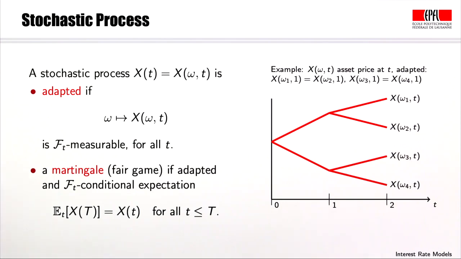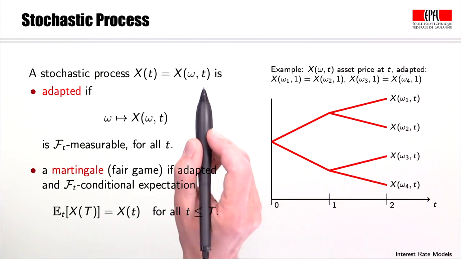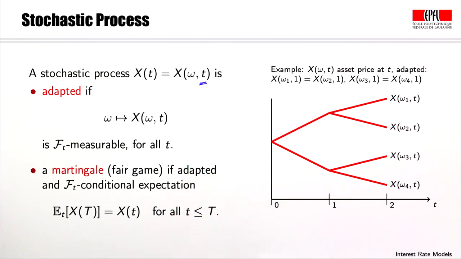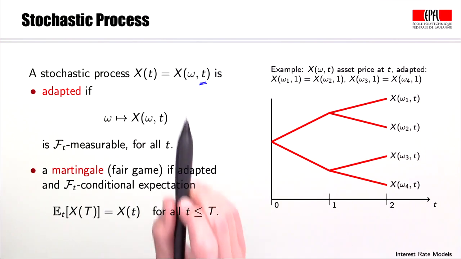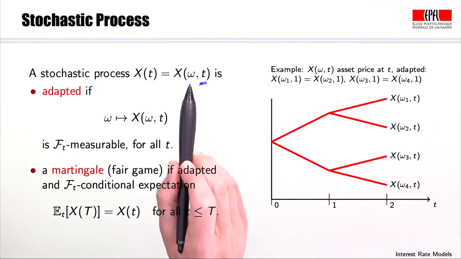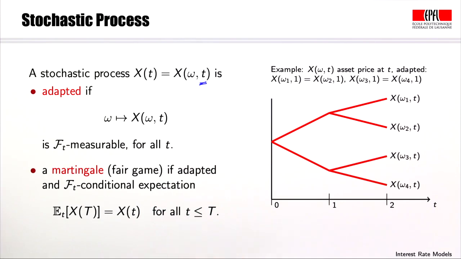A stochastic process is a family of random variables indexed by time t. We usually suppress the argument omega. We call the stochastic process adapted if for any fixed time t the random variable X_t is F_t measurable.